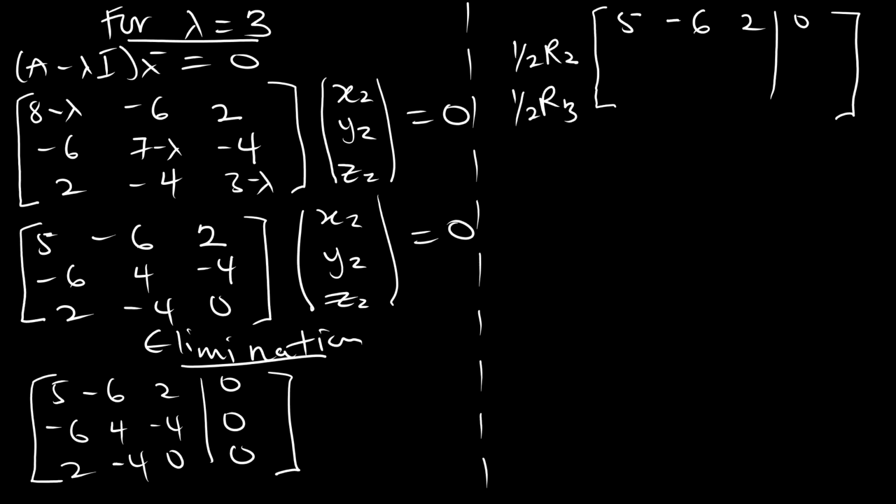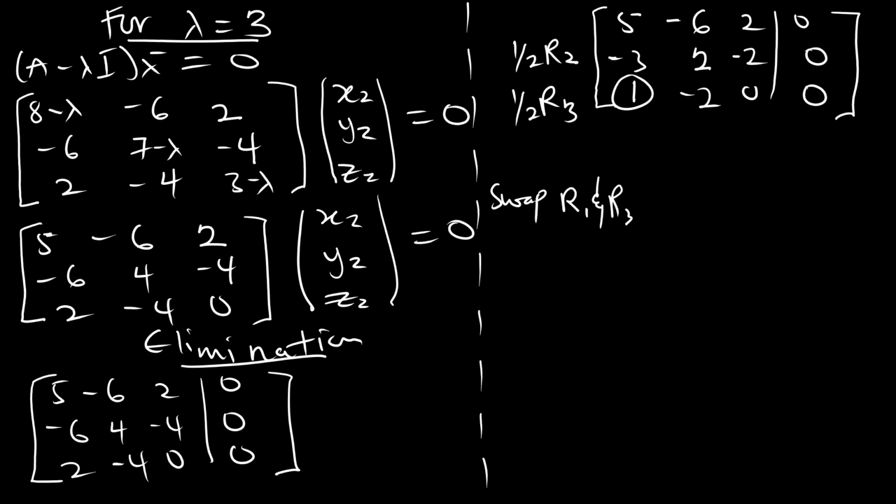Then rule 2, that is going to be negative 3, 2, negative 2 into 0. And rule 3, that is 1, negative 2, 0 into 0. Since I have 1 here, I would like to swap rules so that the analysis will be so easy. So I would like to swap rule 1 and rule 3.